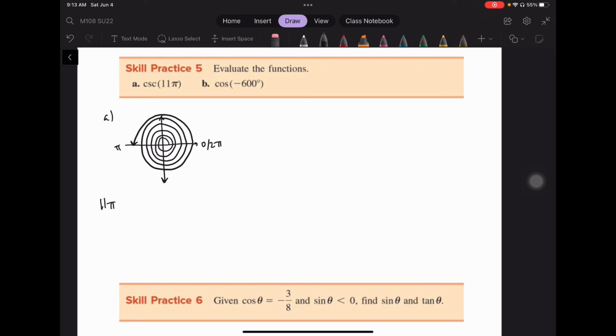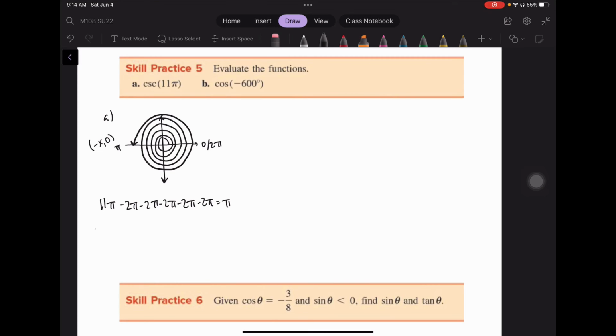What I just did is I found the coterminal angle as just being pi, but you could take away 2 pi a bunch of times to find that the coterminal angle is pi, because it's between 0 and 2 pi. And pi is where we have a negative x and y is 0.